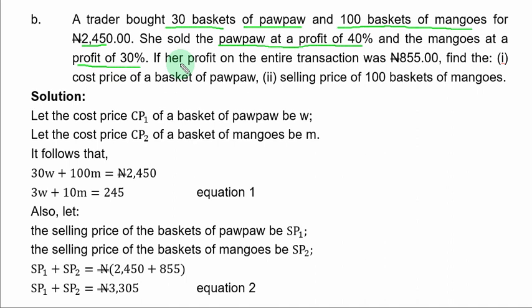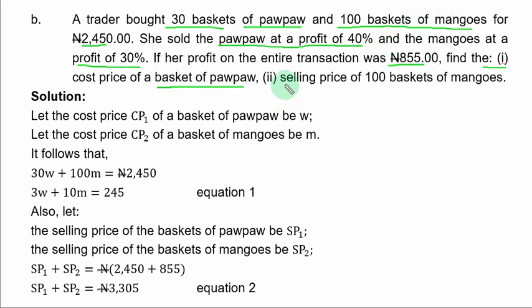If her profit on the entire transaction was 855 naira, find (i) the cost price of a basket of pawpaw.